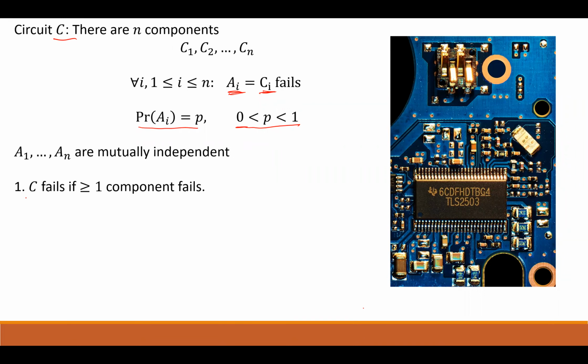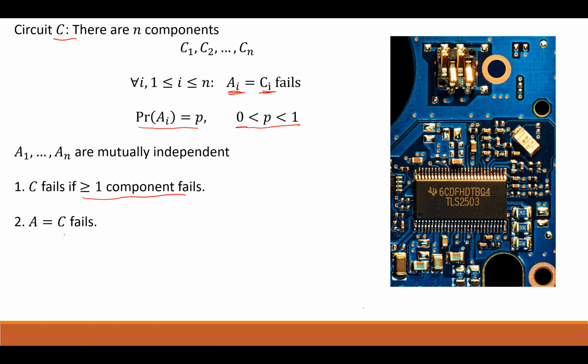I'll say that my circuit C fails if at least one component fails. So the only way my circuit C is good is if none of the components fail. If one or more fail, then C fails. Okay. So let's find the probability of that.